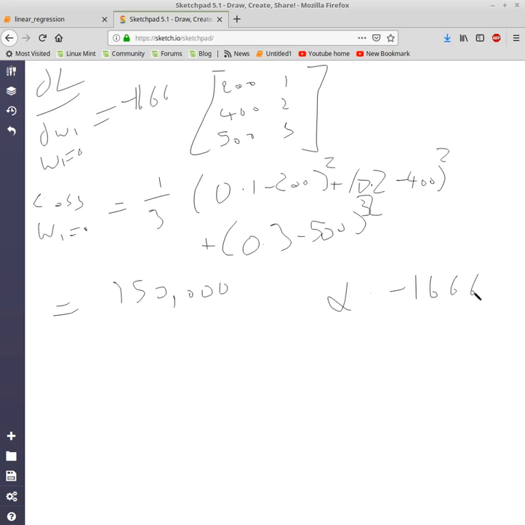The change in loss with respect to the change in weight 1 is equal to negative 1,666, which means if you increase the weight by a little bit, the loss will decrease by 1,666 times the amount by which you change W1, when W1 is equal to 0.